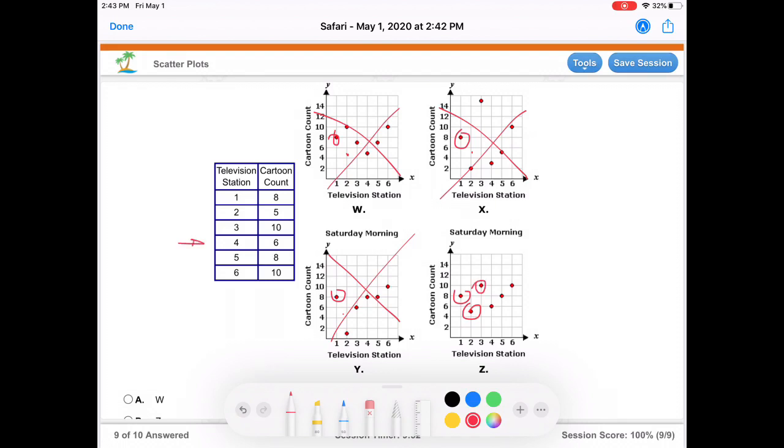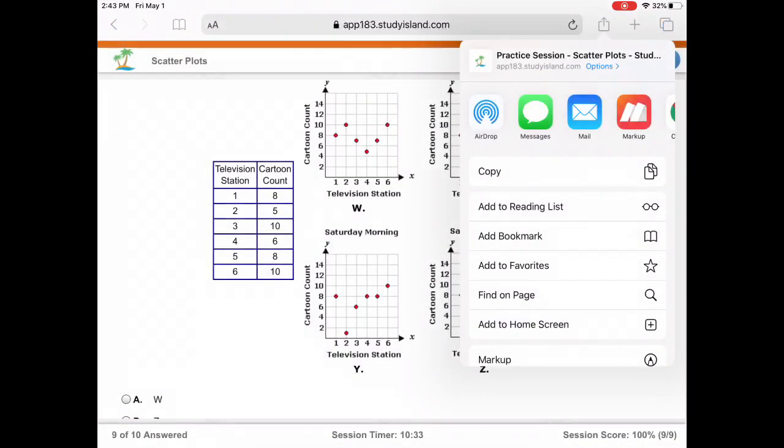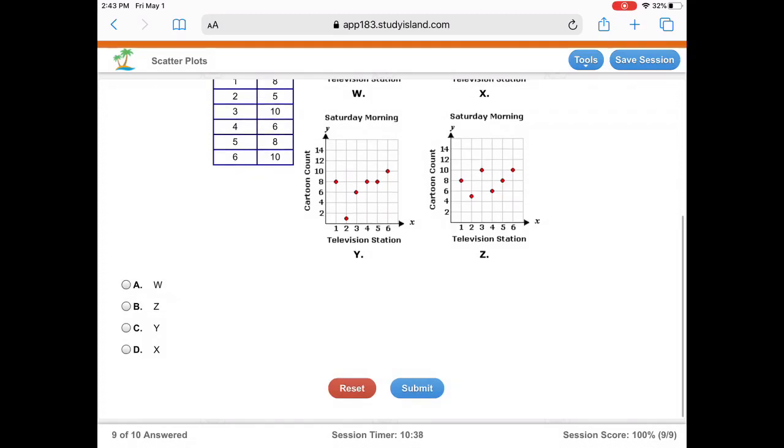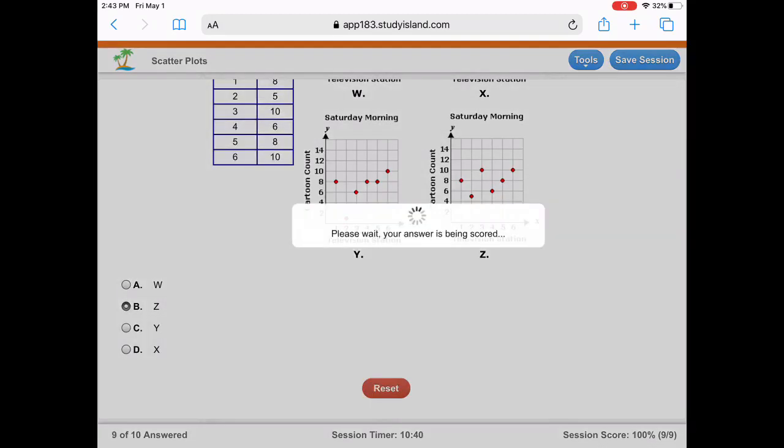If I look at 4.6, it's there. 5.8 is there, and 6.10 is there. So that just further confirms that our answer is Z. Oh, they switched up the order here. I thought Z would be the last one there.